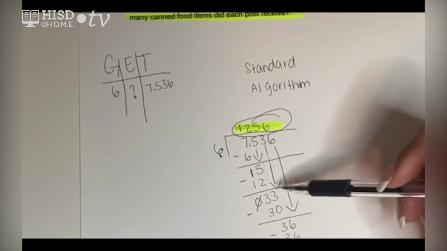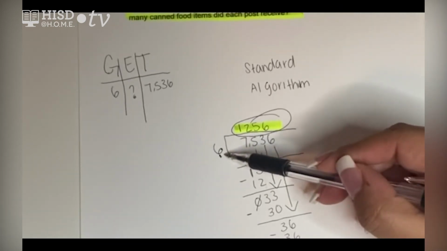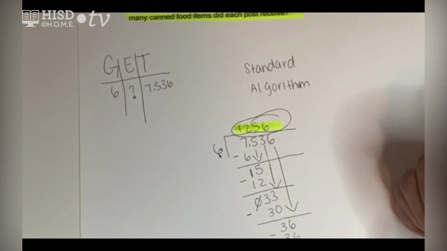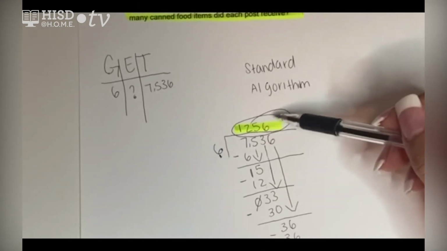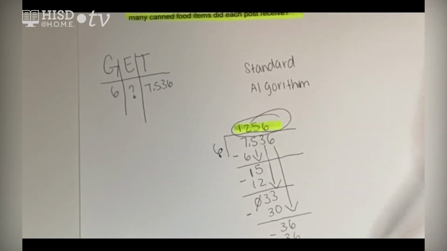And we keep dropping them until we get a number that is less than the divisor, so it would have to be 5 or less, or until we get 0, right? And then what we do is we just look at this number on the top here, and that is our answer.